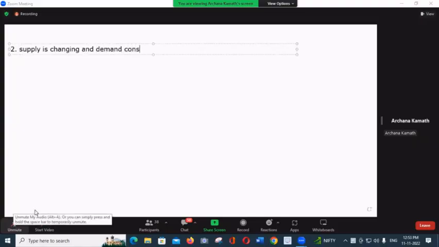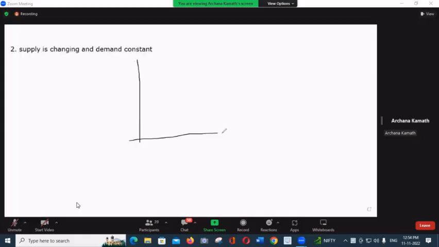Remains constant. I hope the instances are all clear to you. We'll see the same changes with respect to change in supply, keeping the demand constant. Price and quantity decided.